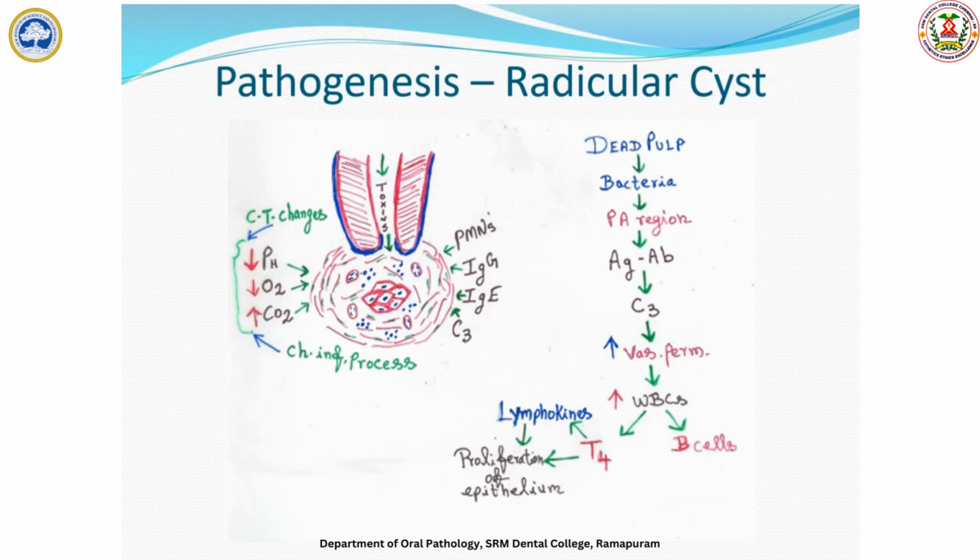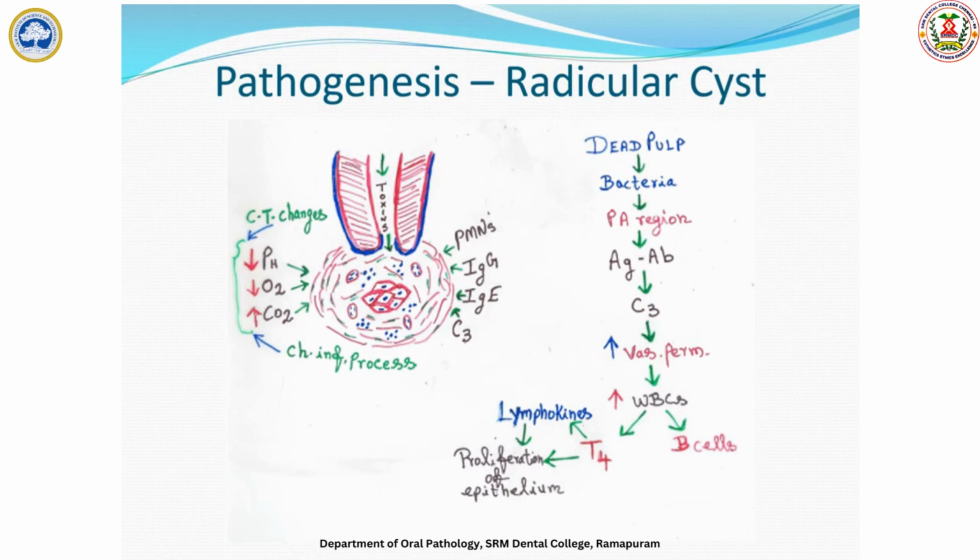Apart from this, in this particular environment, periapical granuloma, the pH will be less, so it will be an acidic environment, oxygen will be less, carbon dioxide will be more.